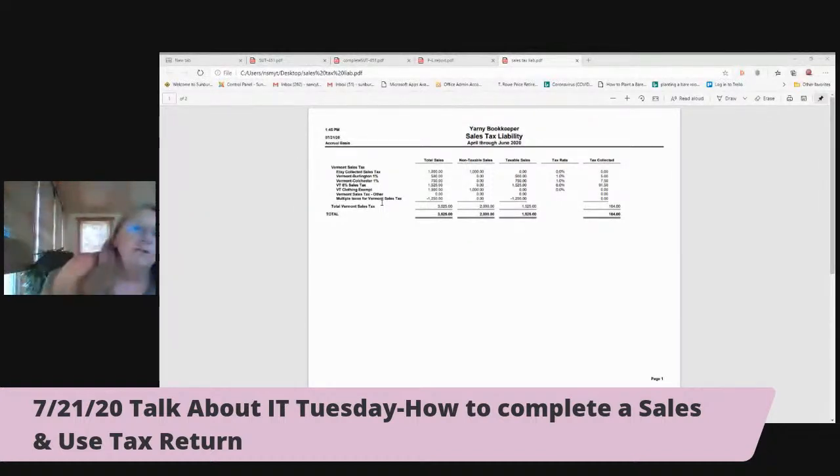Etsy is going to collect and remit the sales tax for you, but you still need to track how much that is, because you don't want to include that in your taxable sales on your home state. Are you confused yet? Yeah, I bet. Sales tax is very complicated.